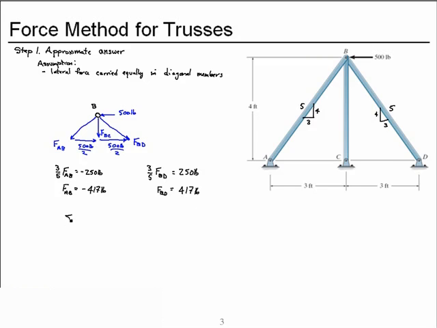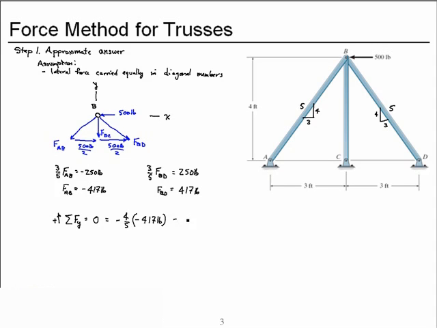Now, let's apply vertical equilibrium to our free body. We have the sum of the forces in the y direction. We'll take up as positive, which means that is our x and that is our y. We have a negative 4/5 vertical component of the force in member AB, which we said is already a negative 417 pounds.